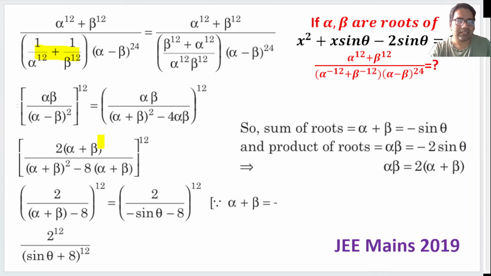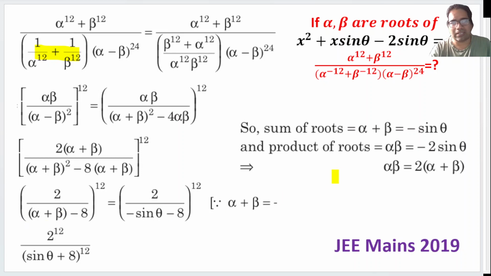So this expression becomes 2 times alpha plus beta by alpha plus beta whole square minus 8 times alpha plus beta. Alpha plus beta we can take common and cancel, so we'll be left with 2 by alpha plus beta minus 8 whole power 12.